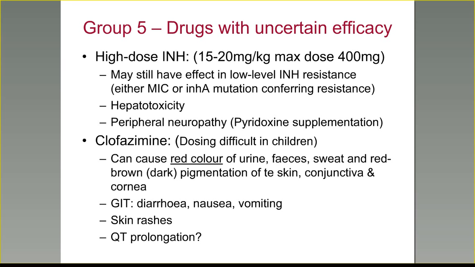But we are concentrating on the adverse effects in these patients with these drugs, and we use it mainly in children who have pre-XDR or XDR tuberculosis. It can cause red color of the urine and the feces and the sweat, but the main problem that we are aware of, and which the adults really do hate, is the red, brown or very dark pigmentation of the skin, which does resolve, but it can take months to years to change back to basically normal.